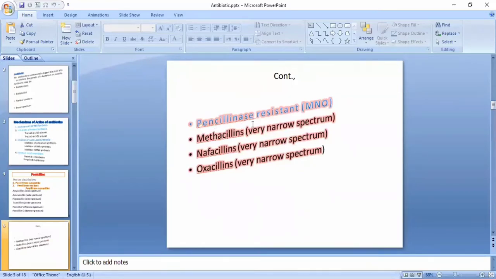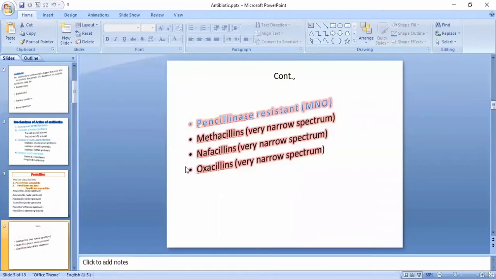And those which are penicillinase resistant, to remember, is MNO. M for methicillin, N for nafcillin, O for oxacillin.